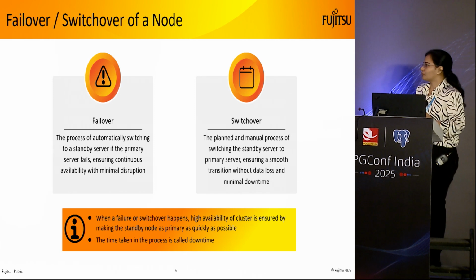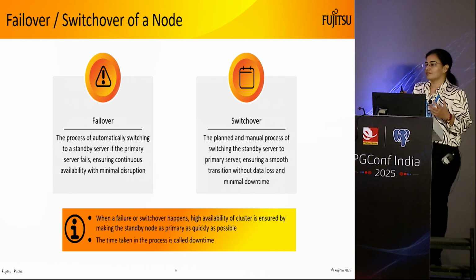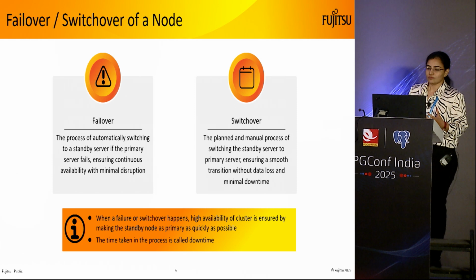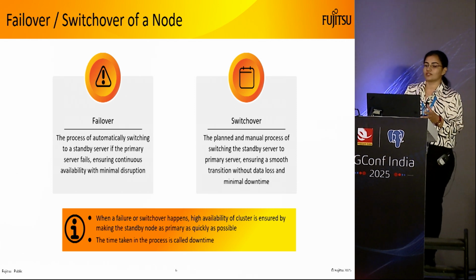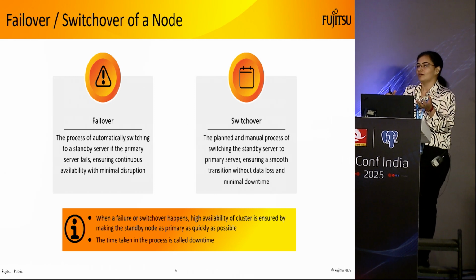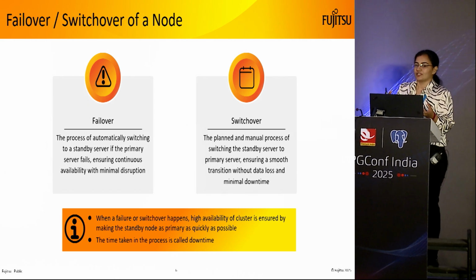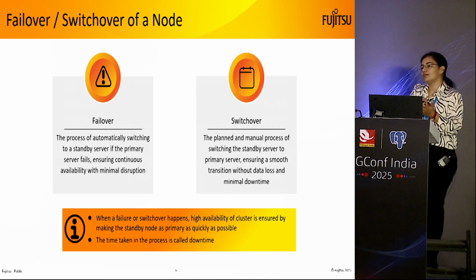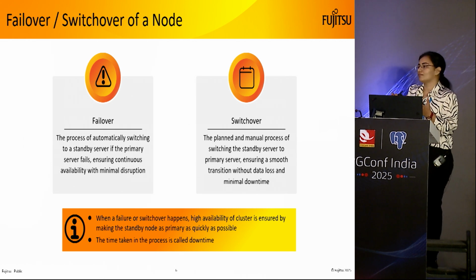Let's define the problem here. What is failover or switchover? Failover is the process of automatically switching to the standby server when the primary server fails. Switchover is the same thing, but it is a planned and manual process.